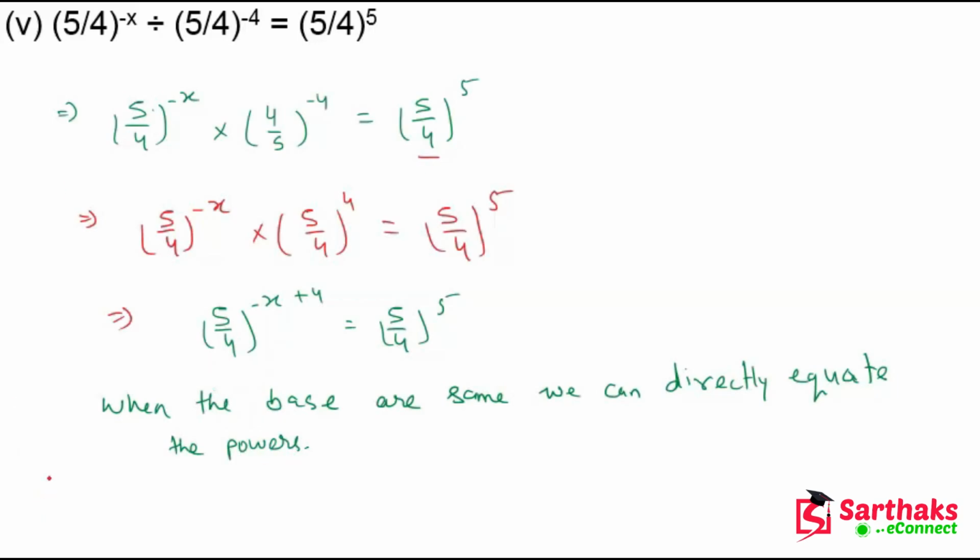So this will become minus x plus 4 is equal to 5. So we can write minus x is equal to 5 minus 4. So minus x is equal to 1, and we can write x is equal to minus 1. Okay, this is the answer. I hope you get this point, my dear friend.